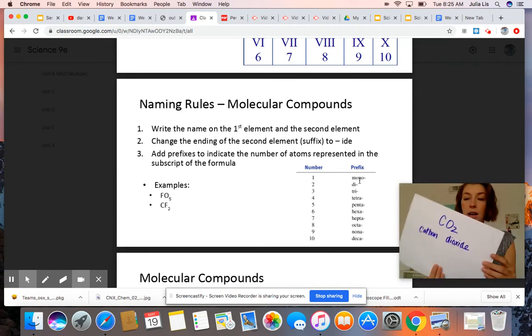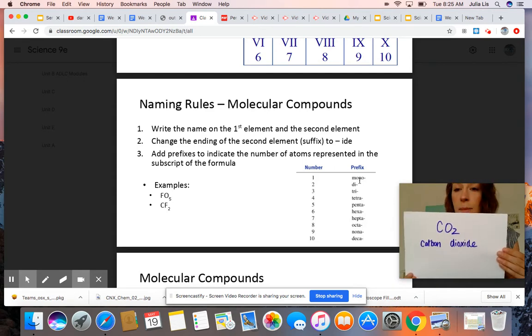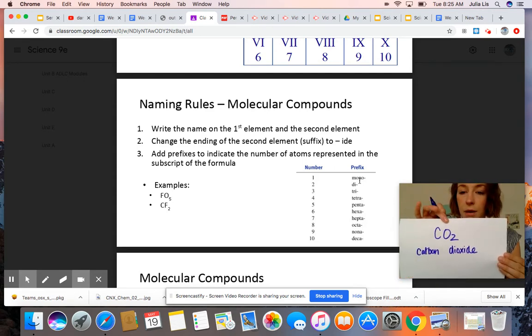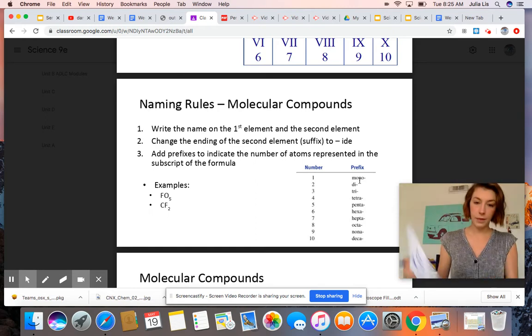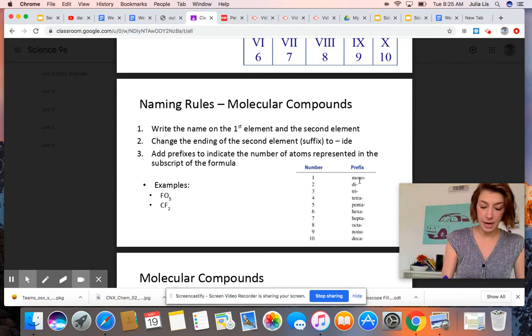Carbon dioxide. Okay. It's a really common one that we hear in our day-to-day lives. So this is a molecular compound. Carbon's a non-metal. Whoops. Carbon's a non-metal, and so is oxygen. Okay. Another one that we see a lot in our day-to-day is just CO.